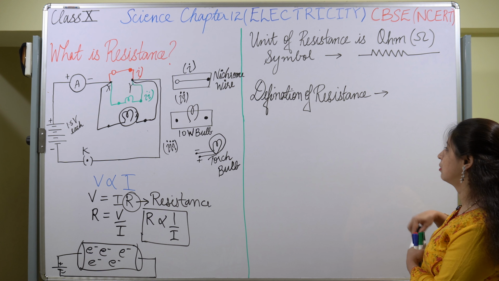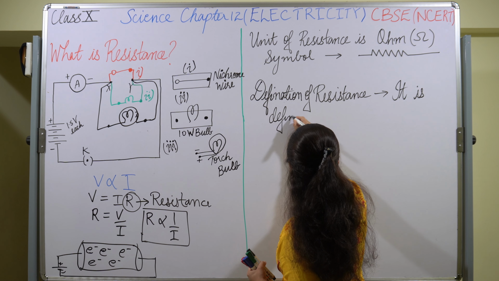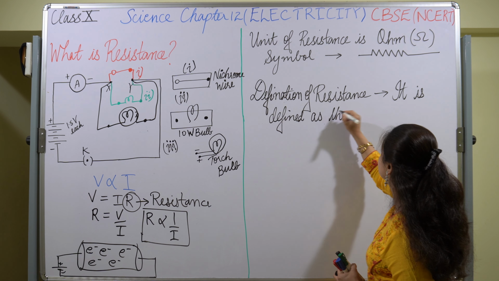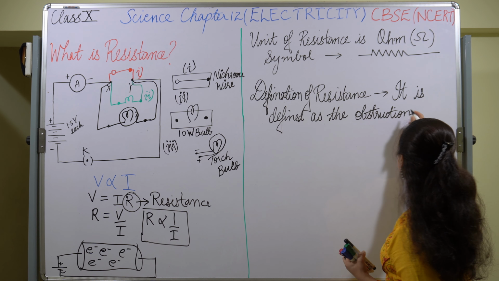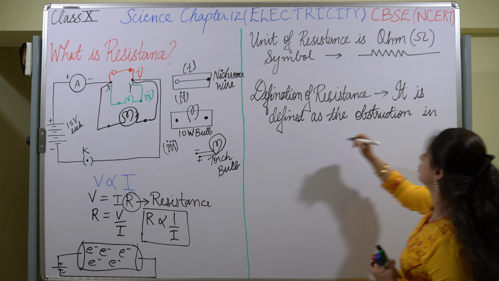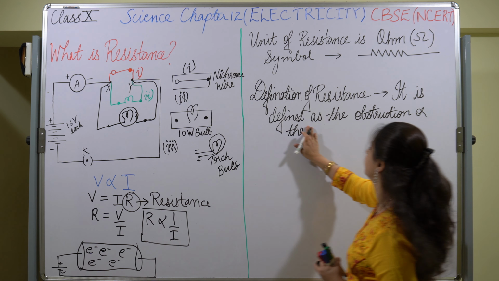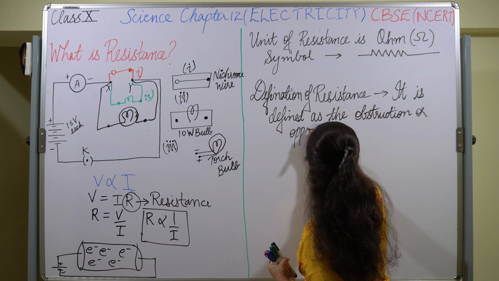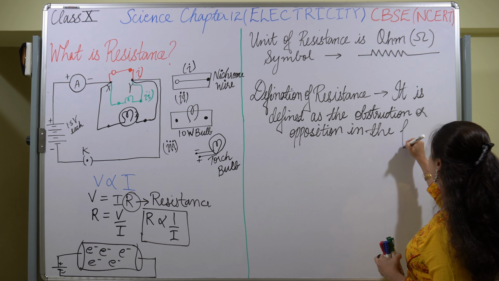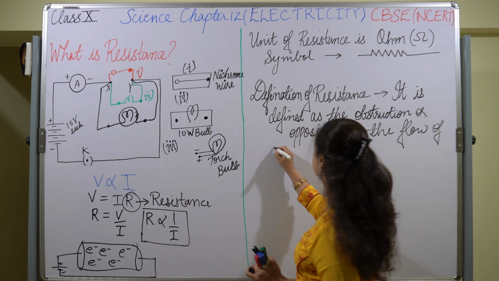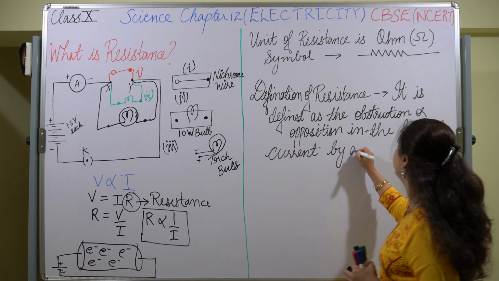It is defined as the obstruction or opposition in the flow of current by a conductor.